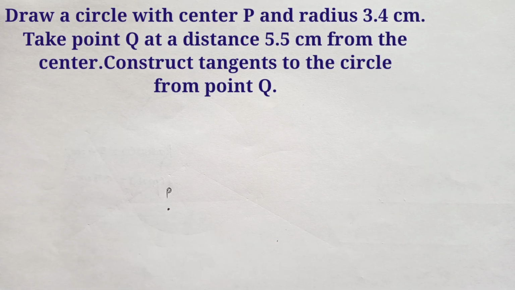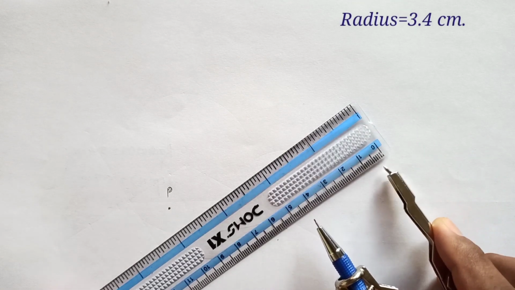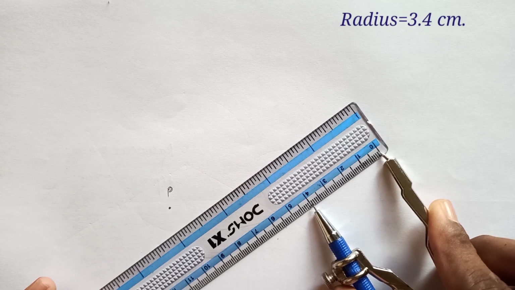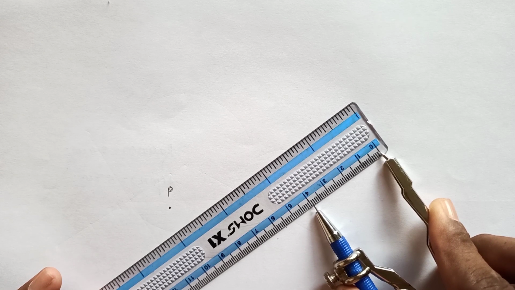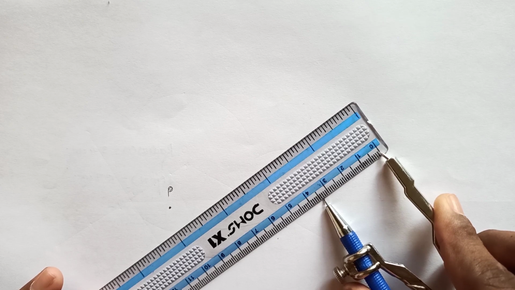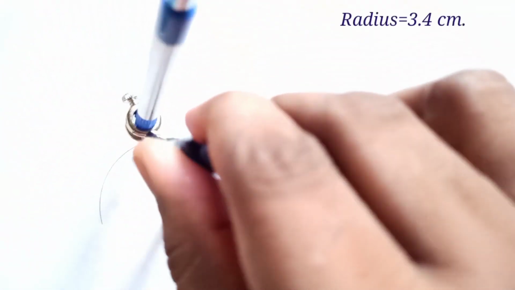Now the radius of the circle is 3.4 centimeter. So let's take that 3.4 centimeter with the help of a scale. Look at this, this is the 3.4 centimeter, the radius of the circle. Let's construct this circle this way.